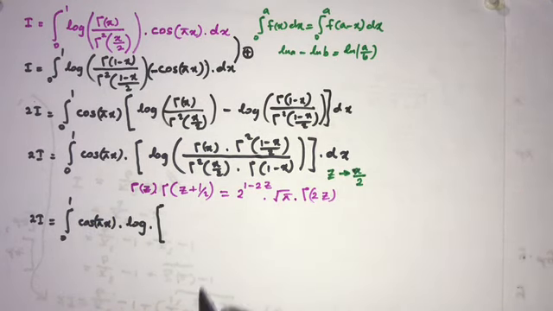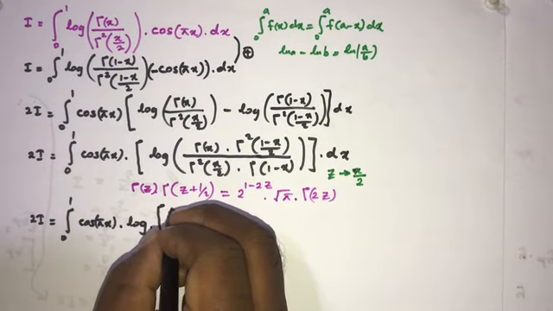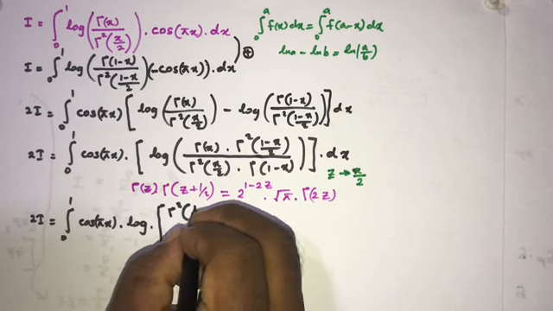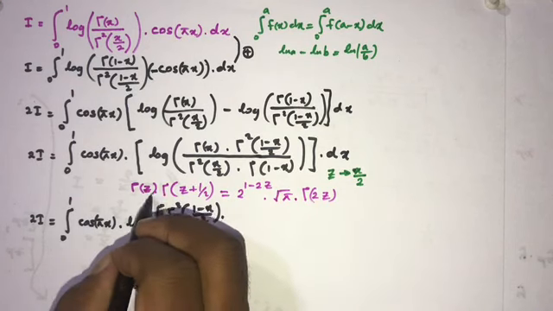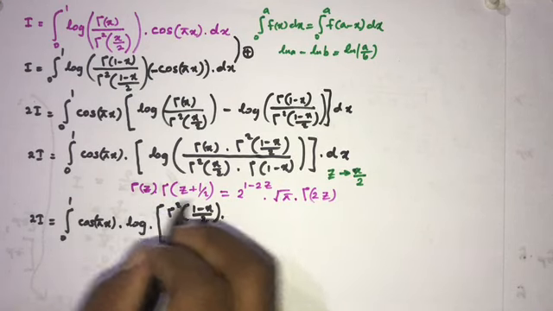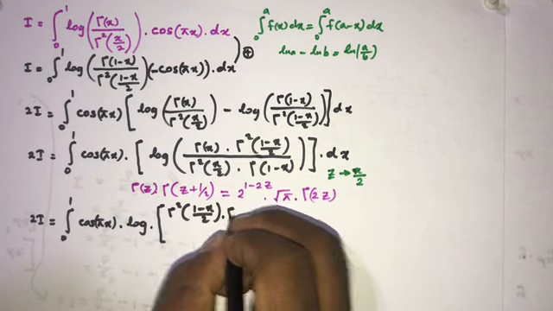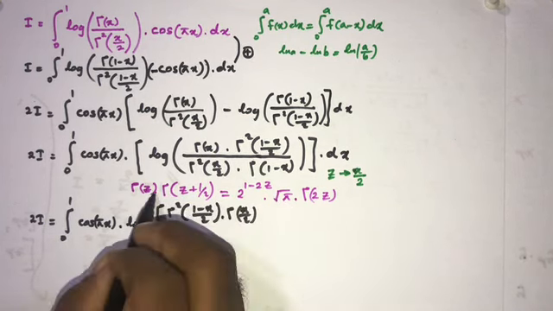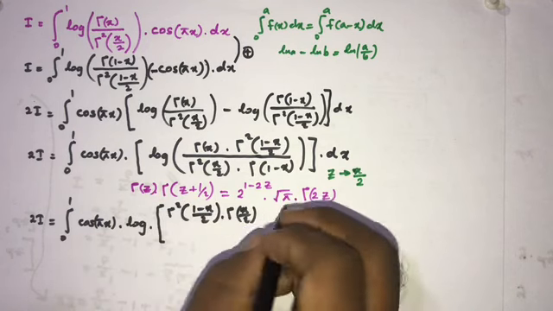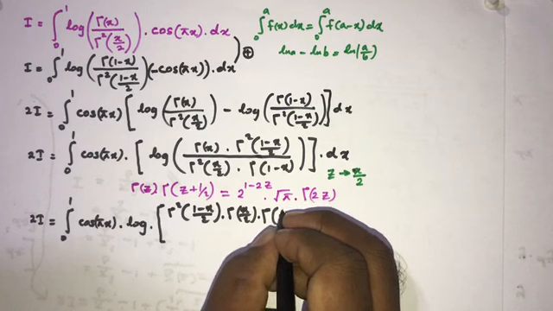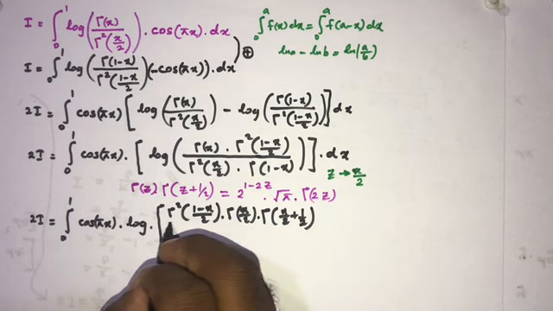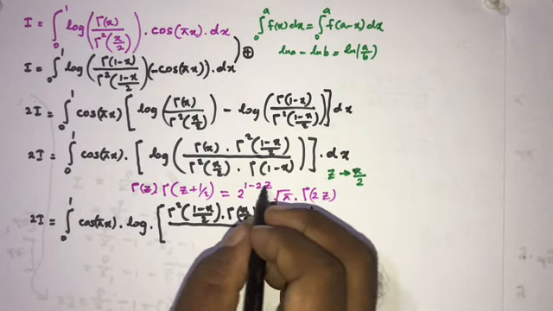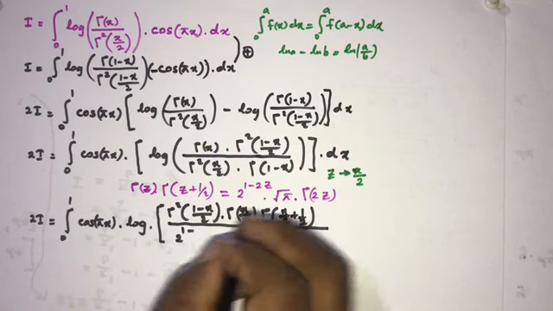So we can write here gamma square of 1 minus x over 2, I rewrite. Now instead of gamma of x we can write gamma of x over 2 times gamma of x over 2 plus 1 half, then we should divide by 2 to the 1 minus 2 times c.